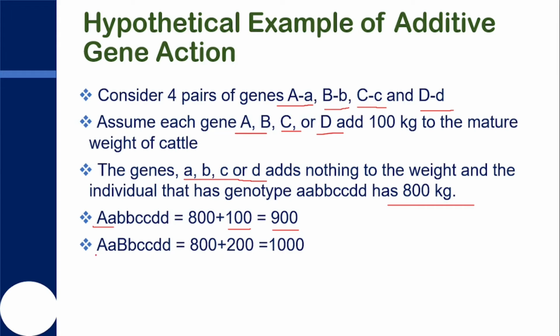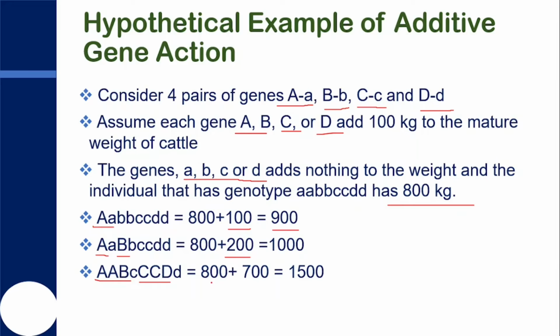In this genotype we have two capital genes, which are capital A and capital B. So in this case these two genes will add 200 to the phenotype. In this genotype we have 7 capital genes. So these 7 genes cumulatively add 700 to the phenotype.